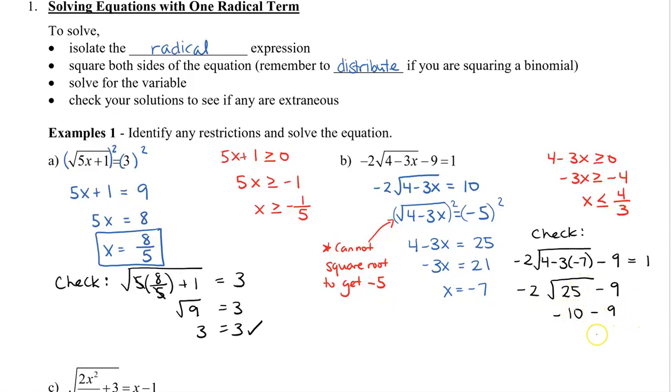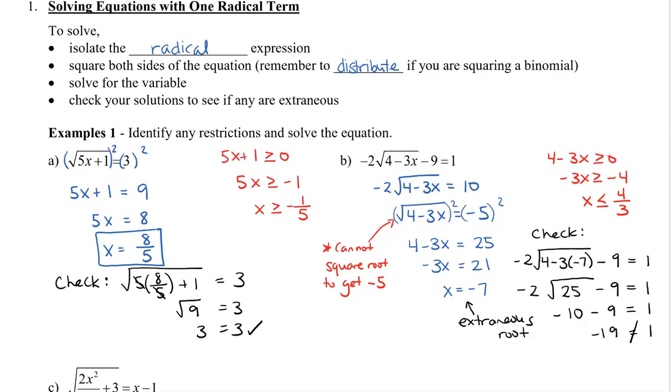So on the left side, I get -19. It's supposed to equal 1 on the right side, and it doesn't. So this does not equal, which means that x equals -7 is what we call an extraneous root.